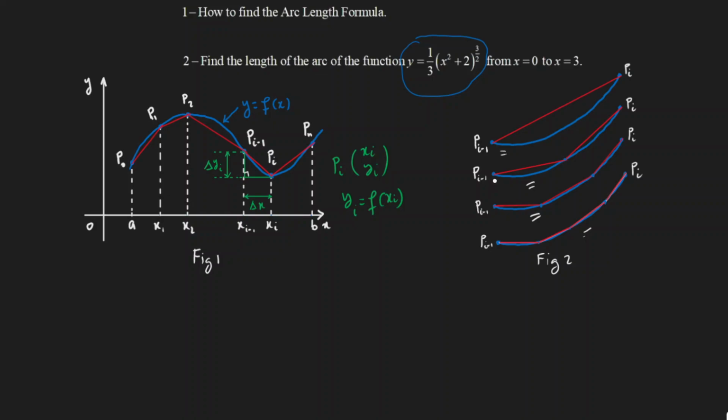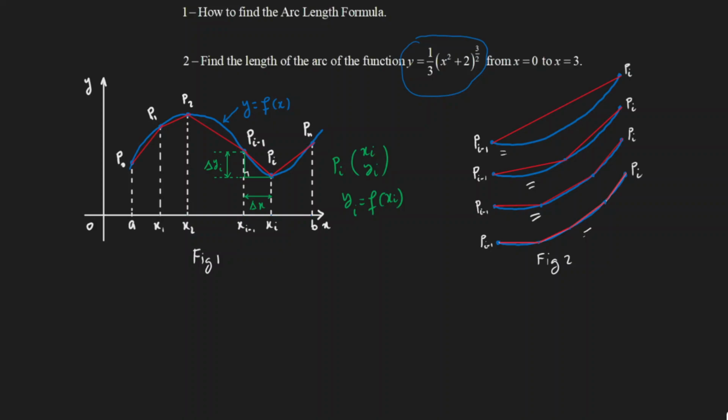Okay, so if that's the case, it means that the length of our polygon when n goes to infinity, n being the number of subintervals, is actually equal to the length of our curve.